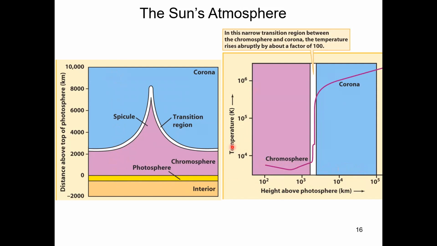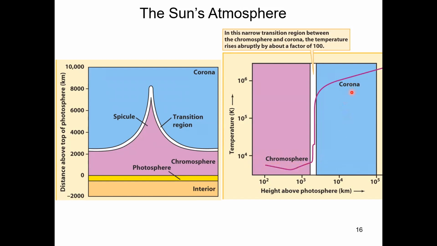So you can see over here, if you take the chromosphere, the temperature is just hanging over this area, like this is 10 to the 4, 10,000 Kelvin. So maybe this is 5,000, 6,000. That is the photosphere temperature. The chromosphere may be a bit higher than that.